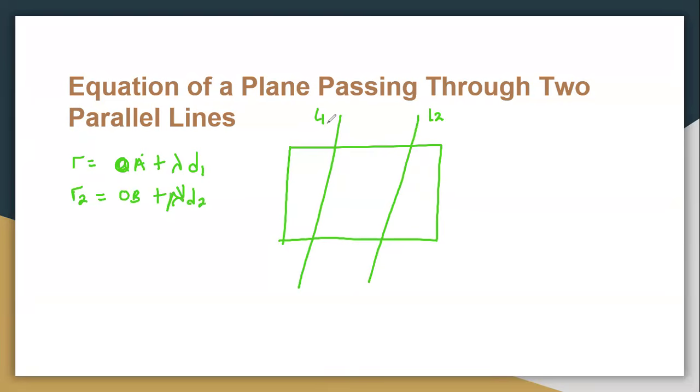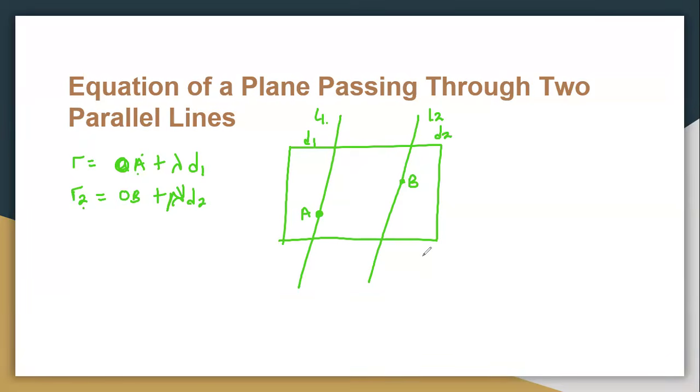This is my first line L1. OA is any point along it, which is A, and the line has direction D1. For R2, this is my point B on L2. You can place it anywhere, as long as it is on line L2, but its direction is D2.